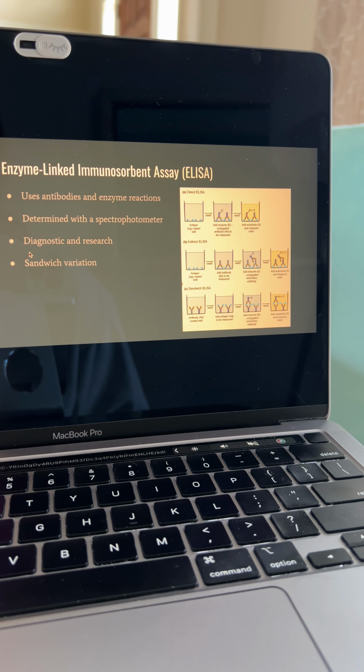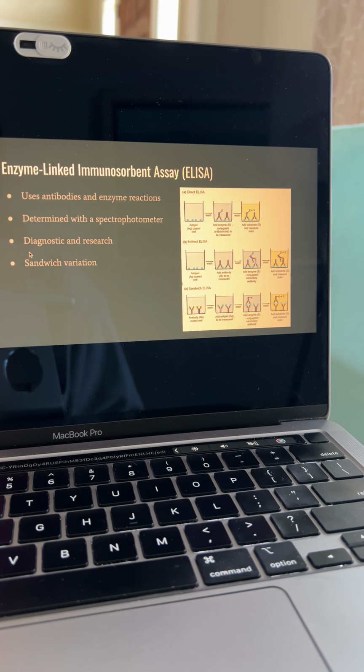Antibodies immobilized on a solid surface capture this antigen, bind substrate reactions, and produce a detectable signal. It can be used in diagnostics and research for protein quantification and cytokine detection.